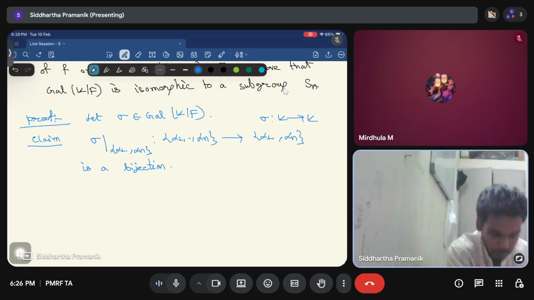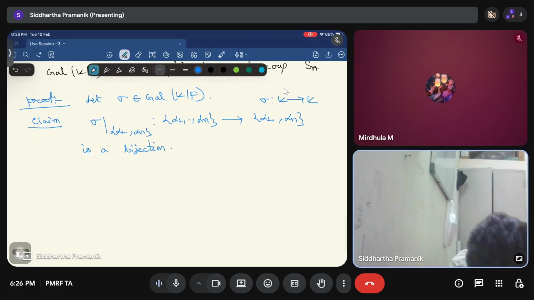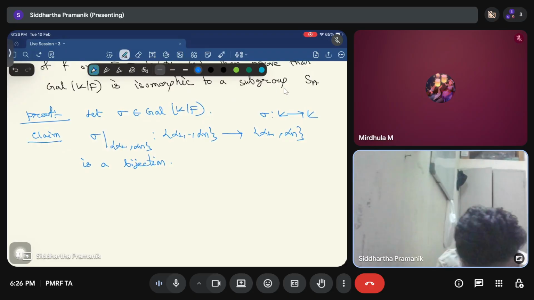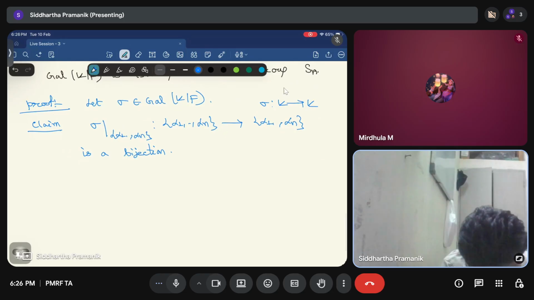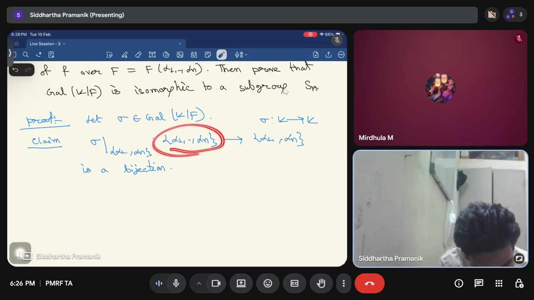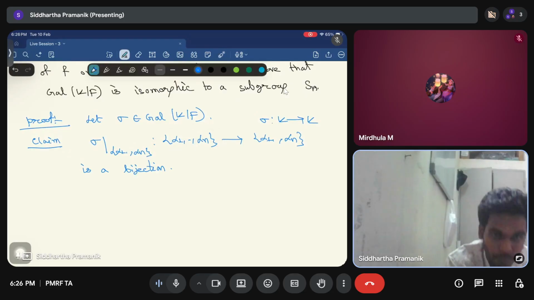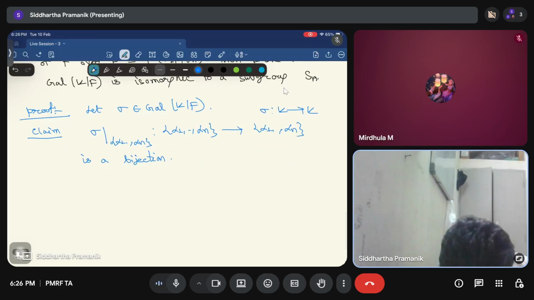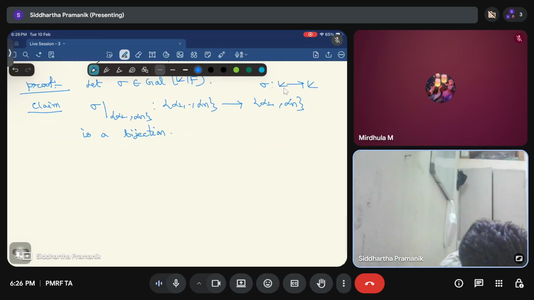I think we have seen this thing in the lectures, but it's important, so I'm mentioning this specifically. So how to prove that sigma restricted to this set is a bijection? If we can prove this, then it's enough, right? So first let's prove this.